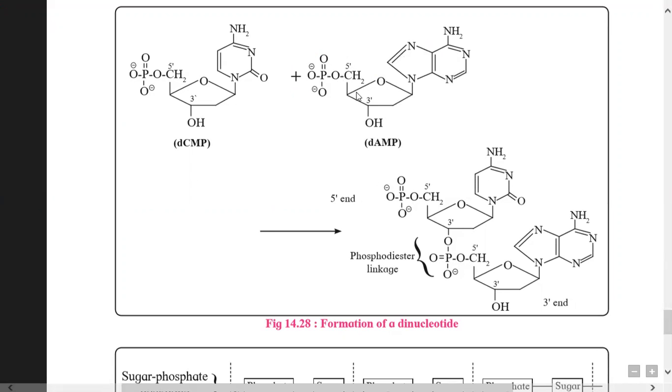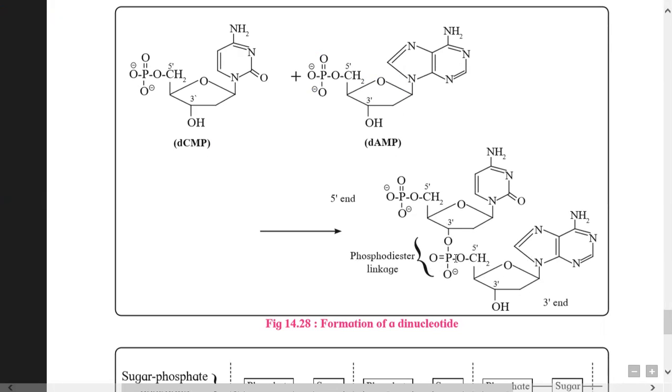Here these two nucleotides get joined. The fifth prime position of this dAMP nucleotide gets bonded with the third prime position OH group of the other nucleotide, and this bond that is formed is called a phosphodiester linkage.